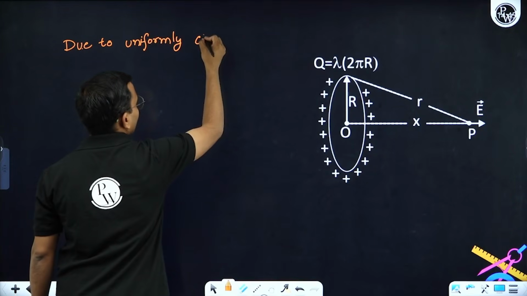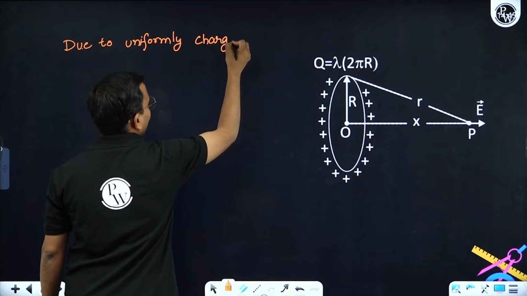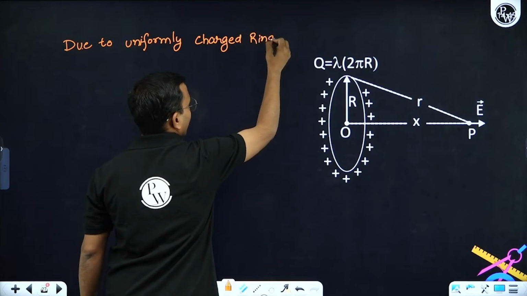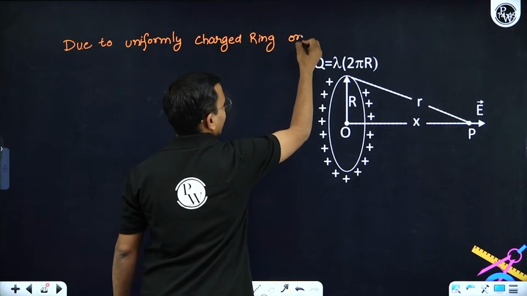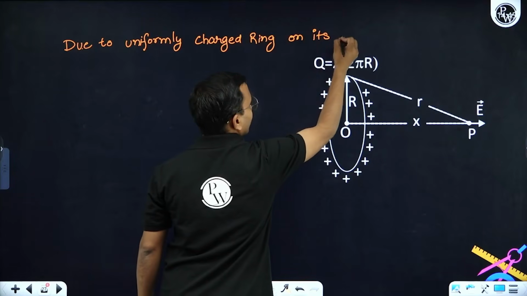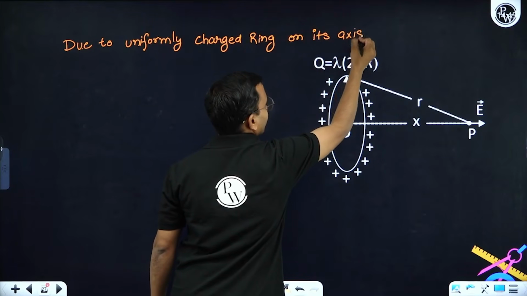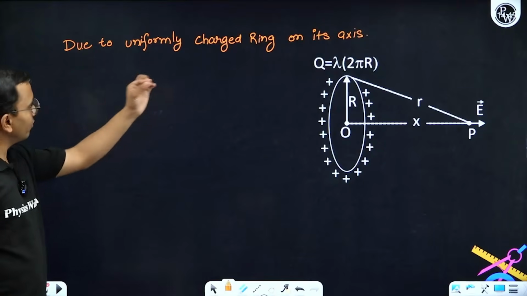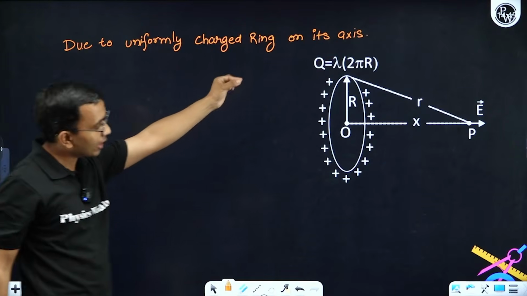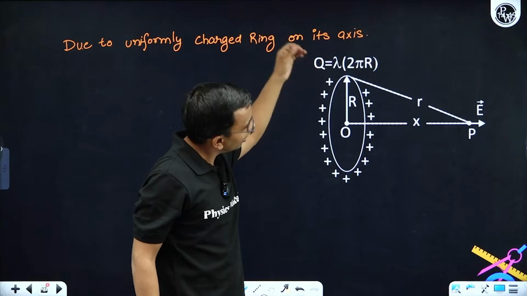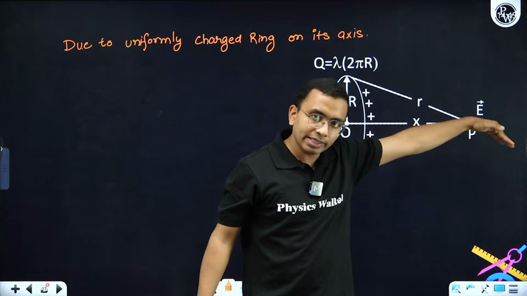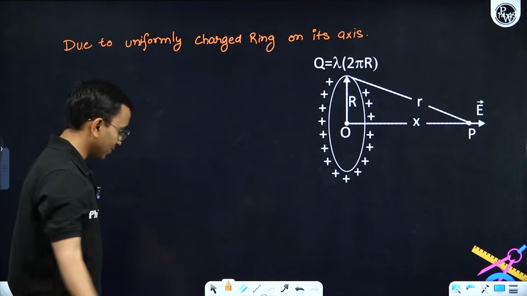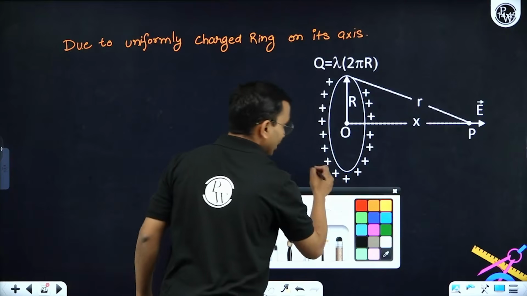Here also we do the same thing: one small point we will consider on the ring that will behave like a point charge. Due to that, I'll write dE, and I'll integrate dE to find the total electric field.